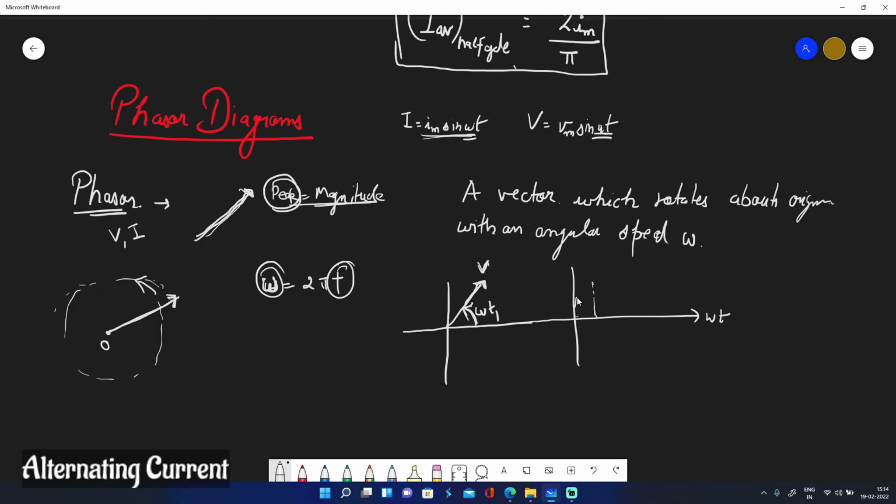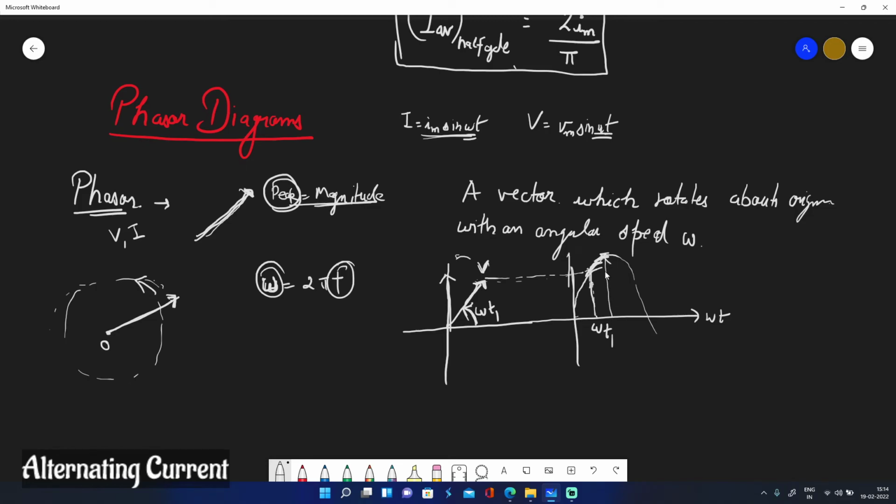The tip will be at maximum when the phasor becomes maximum. Okay, this is omega t1, and this graph is sinusoidal, and at this value the phasor will rotate again. It will be rotating with a speed of omega. It will come here at this condition.